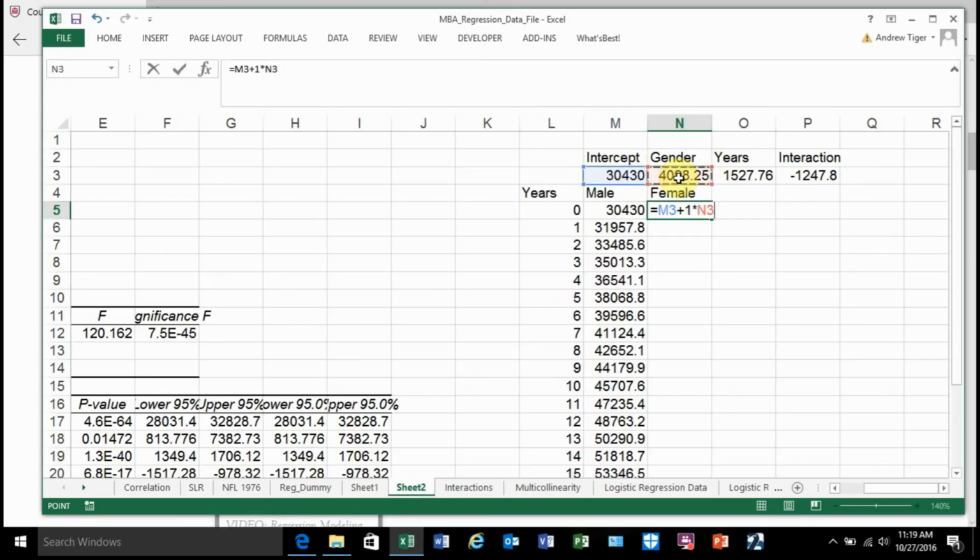We map guys to 0 and 1 to women, plus years times the years coefficient, plus, now my interaction effect, 1 times the years times my slope. Okay? Although that needs to be that.